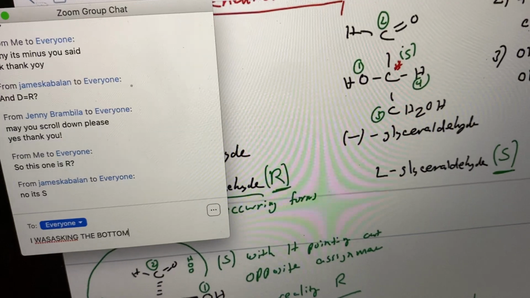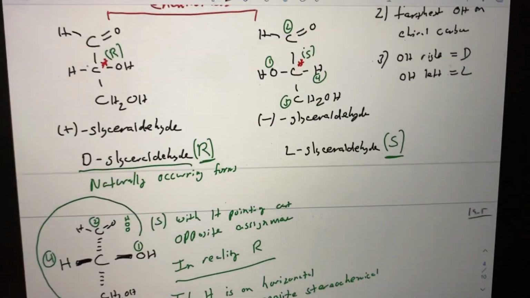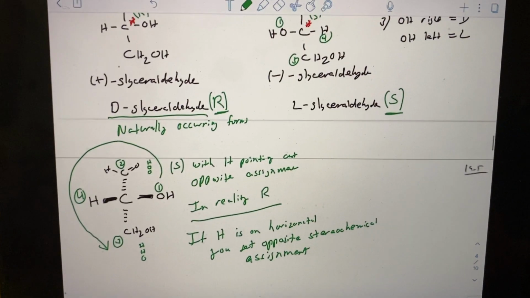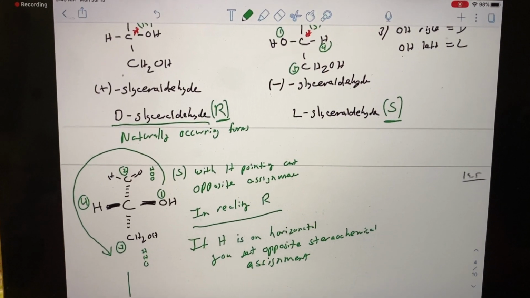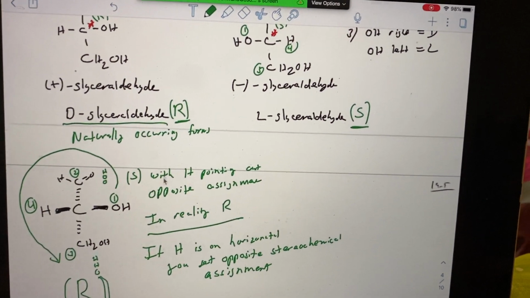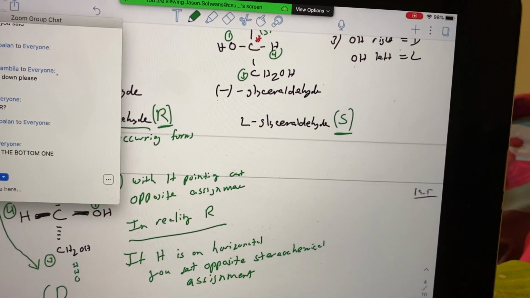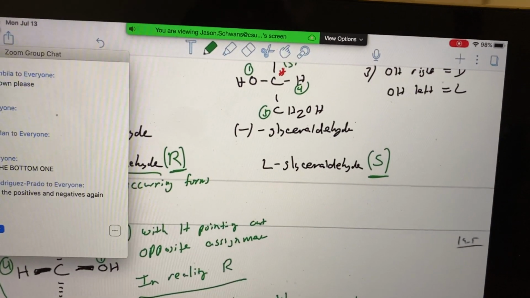This is where I would look out to the class to see if there's confusion. The bottom one, this one here, is R. Is that okay?